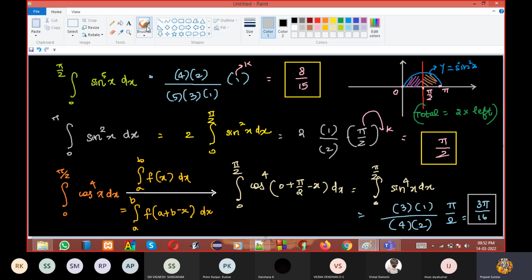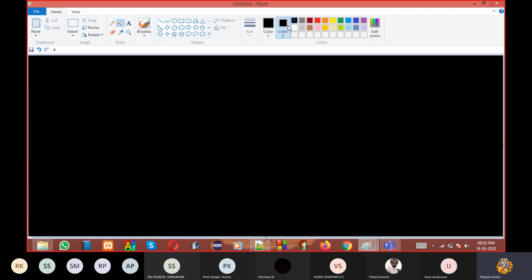Okay. Now there's another Wallis formula. Also you should know that formula. This is one formula. Second formula is, suppose you are having a mixture of sine and cos. Integral 0 to pi by 2, you are having sine power mx into cos power nx dx. How to evaluate this? Look at this carefully.